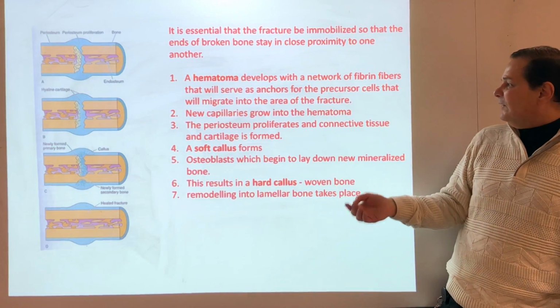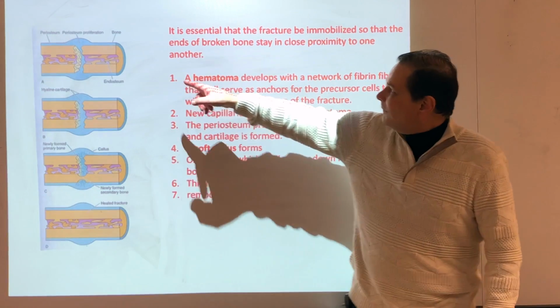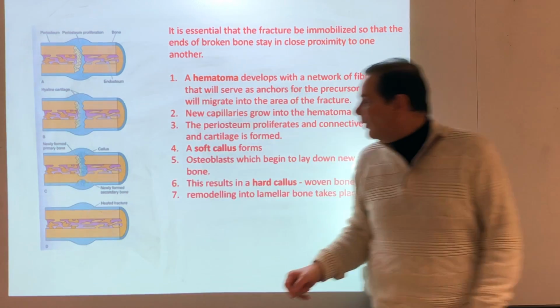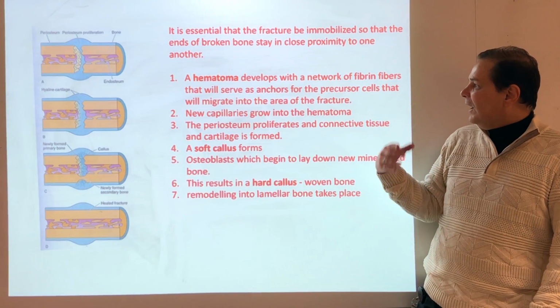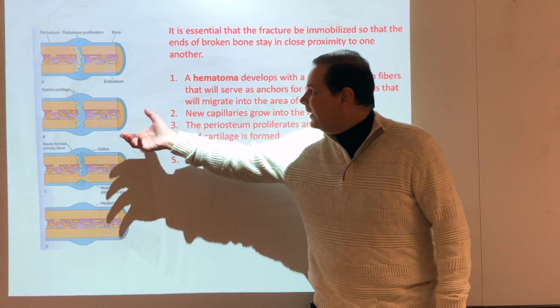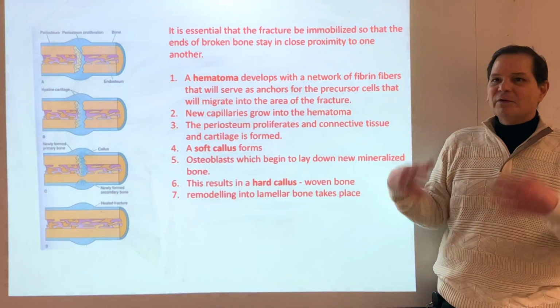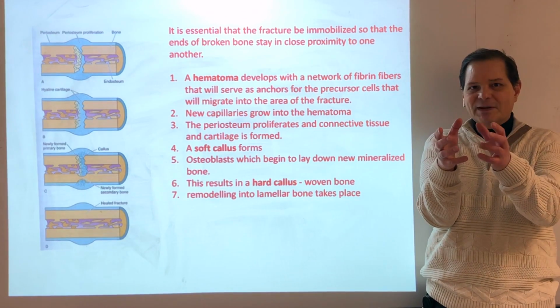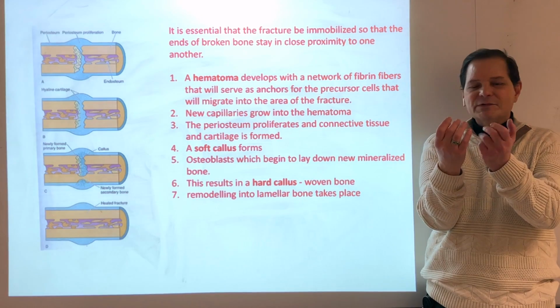You have periosteum that proliferates here around that break in the bone, okay? And connective tissue is formed and cartilage is formed in the area, and you form what's known as a soft callus. That is, you've connected your bones up again with this soft cartilage, okay?